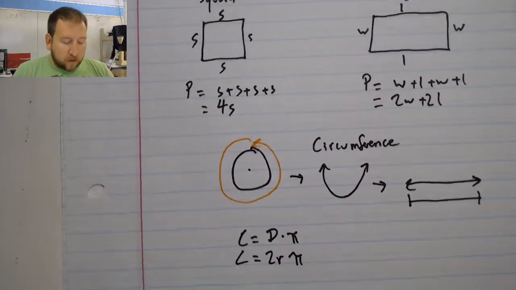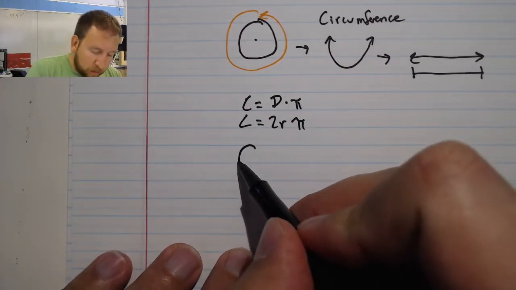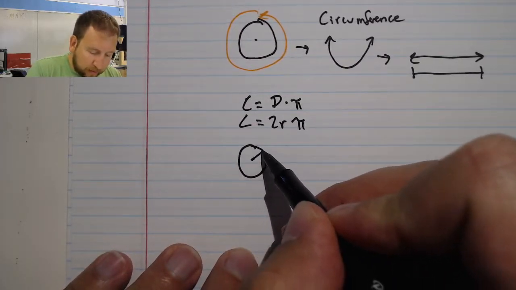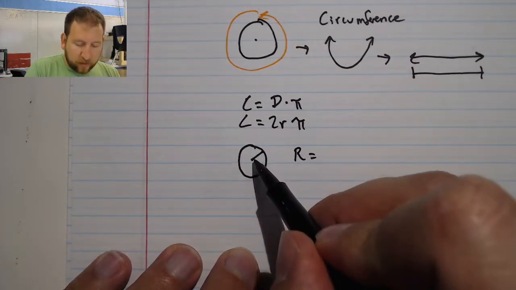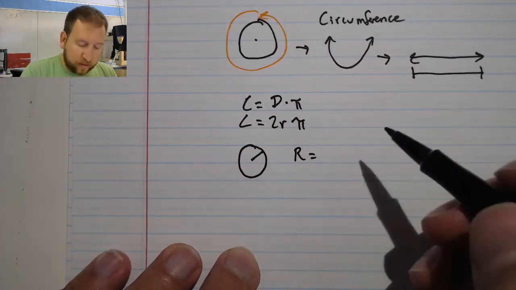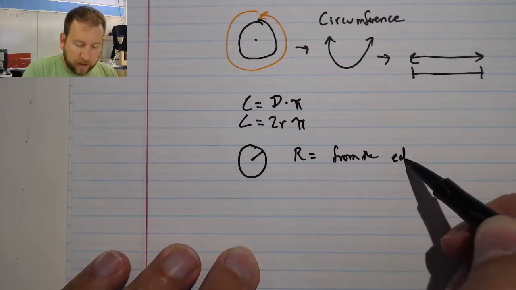All right. First of all, what's diameter and what's radius? Well, the radius looks like this, and it goes from one point on the edge to the center. From the edge to the center.